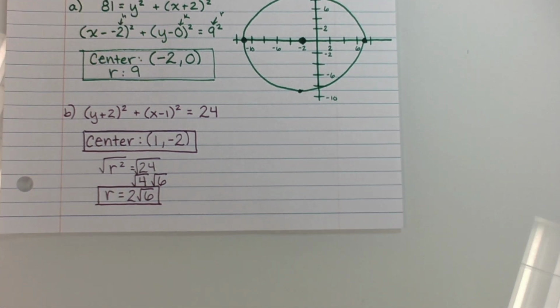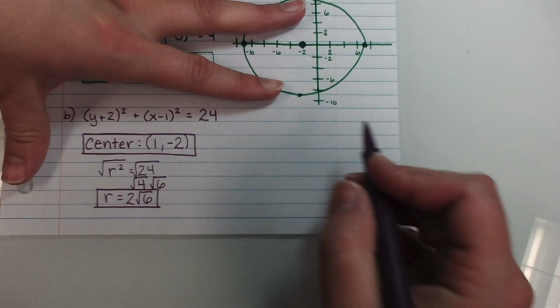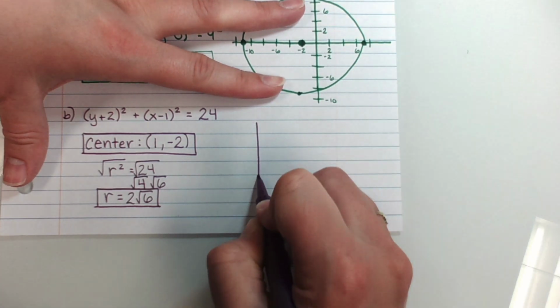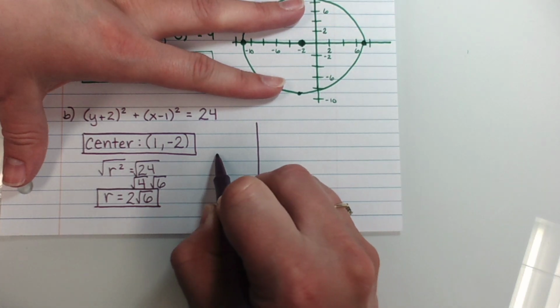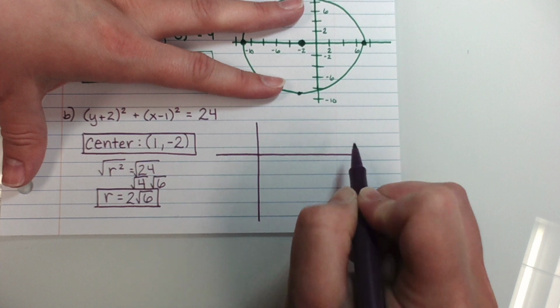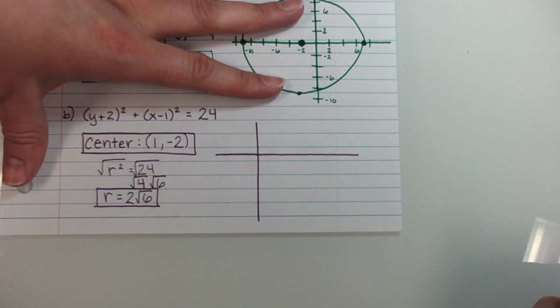And we graph it. Since my center is at 1, negative 2, I'm going to move to the right 1. I'm going to move down 2, so I'm going to need a little bit more extra room on the right side and below. Not a whole lot of extra room. You can always center your axis. I just don't.